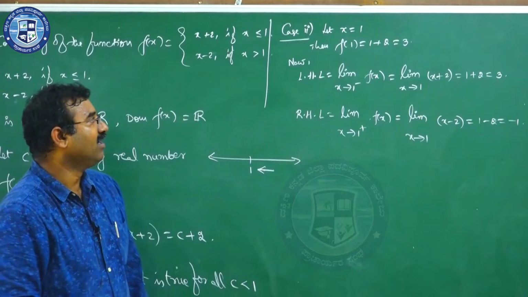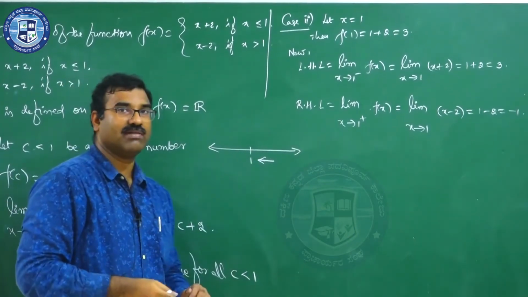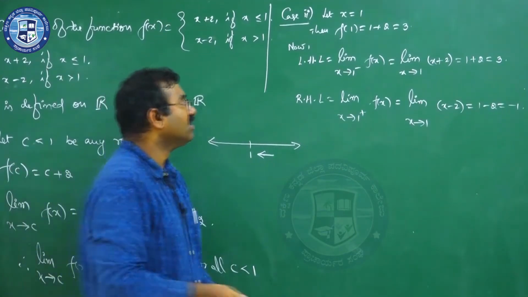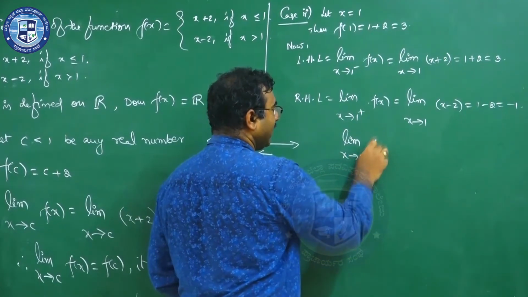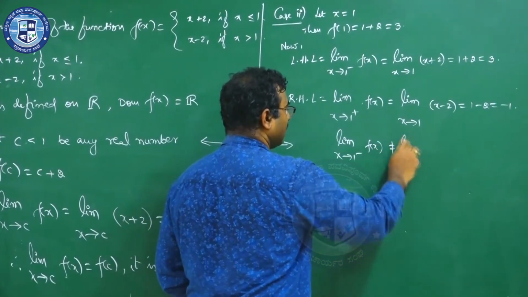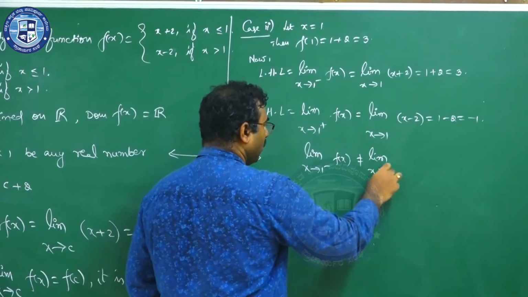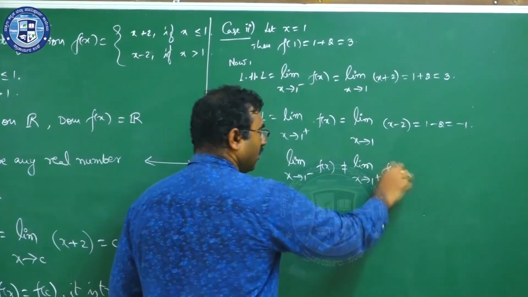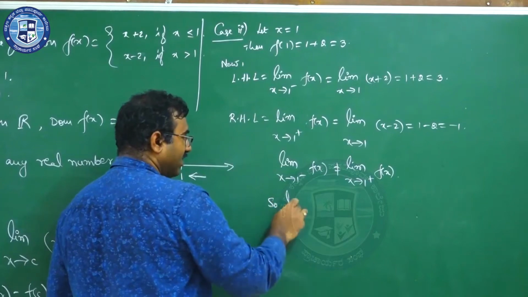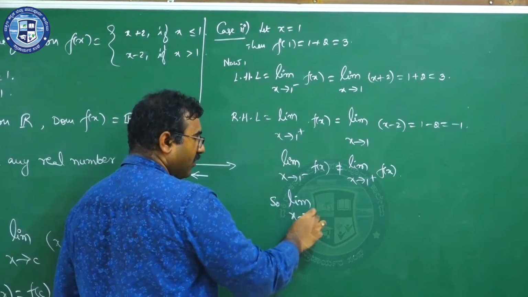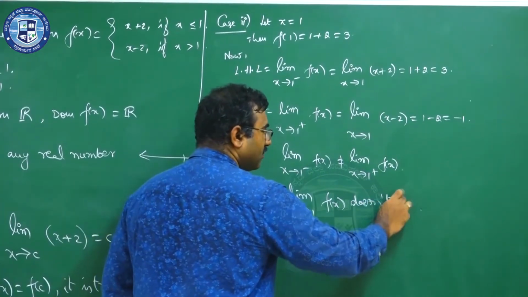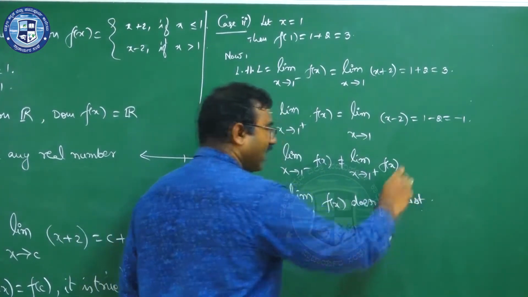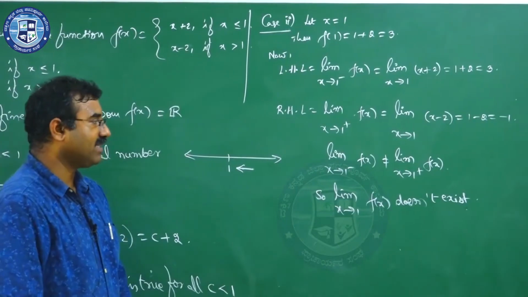It's very clear. The left hand limit is not the same as the right hand limit. So limit x tends to 1 minus f(x) is not the same as limit x tends to 1 plus f(x). So limit x tends to 1, f(x) does not exist.